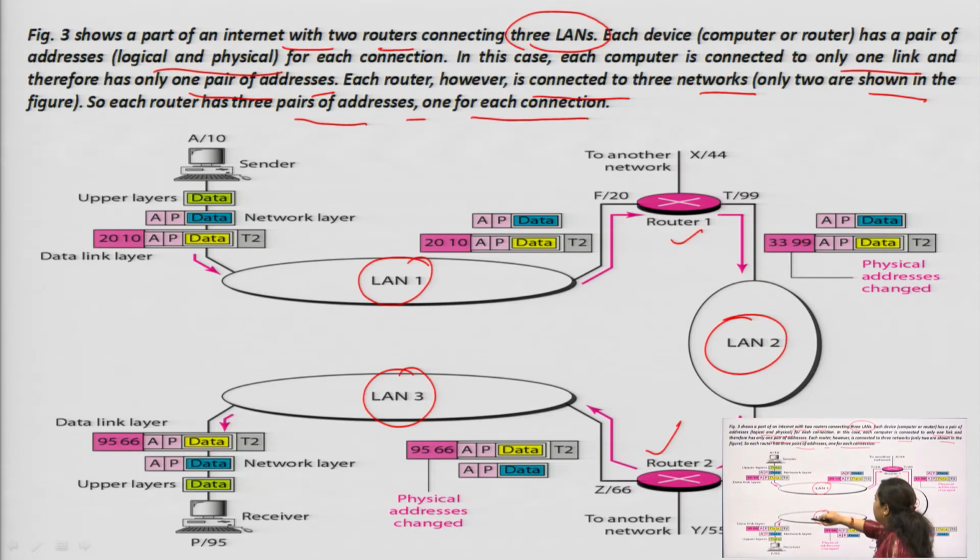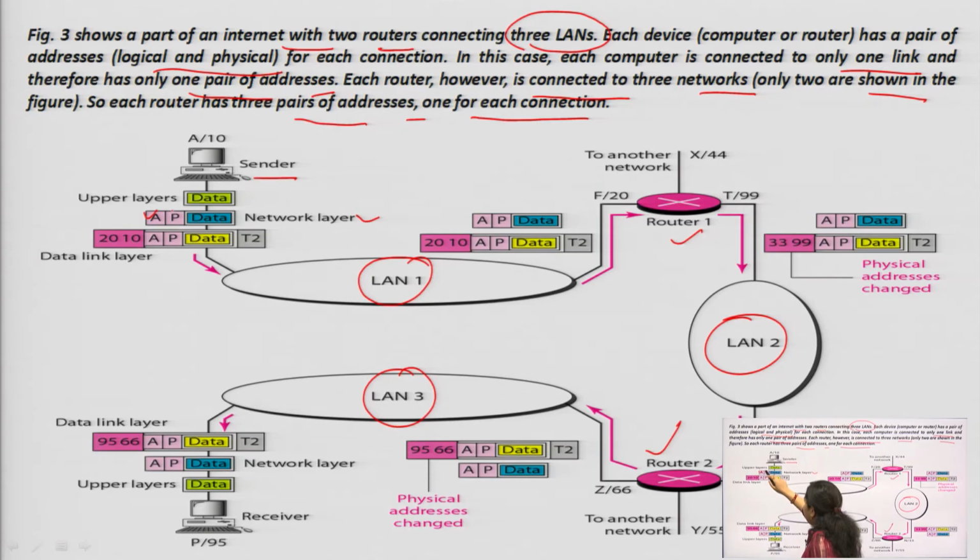So, this is the first LAN, and this is the sender. At the sender side, the original data is generated by the sender, which is the raw data that has to be transmitted. Then it has to be transmitted through the network layer.